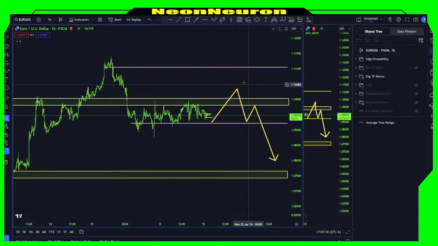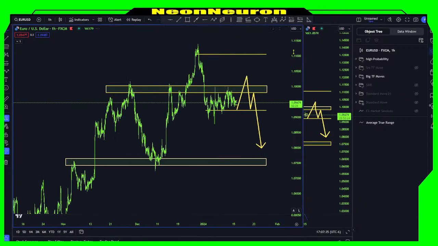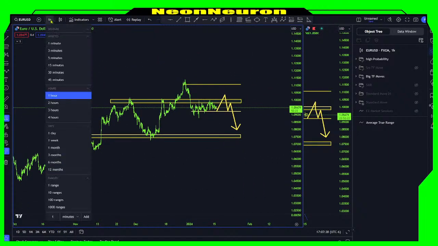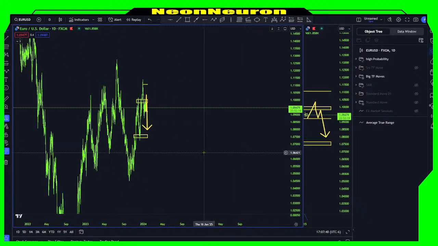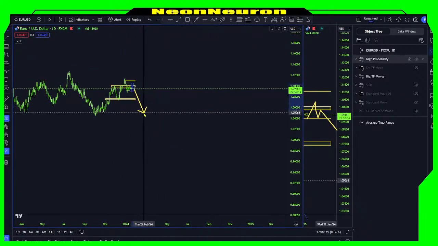So I'll be looking during the London session to start selling at any one of these areas right here. Hopefully get up here and then just clean house. I'll put a sell order here and then just ride it all the way down, maybe even to probably like March or even May would be good to get it down to here.